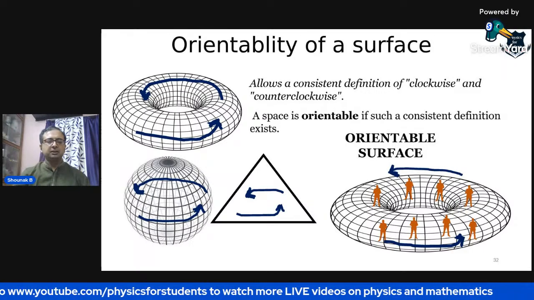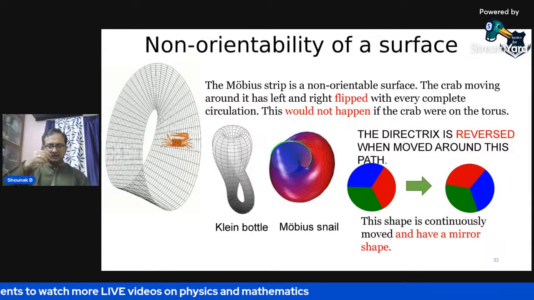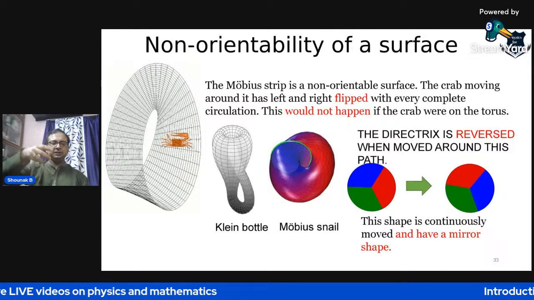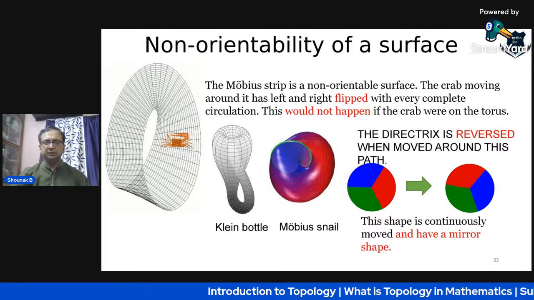That is what is called an orientable surface. In the case of a non-orientable surface, when the crab comes back, you will see the entire orientation has changed. That is what is called a non-orientable surface.